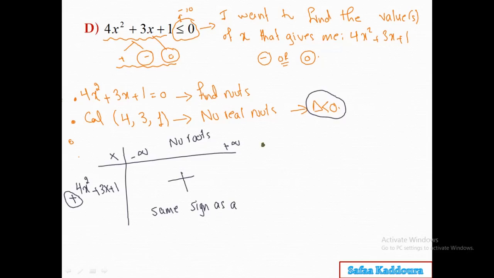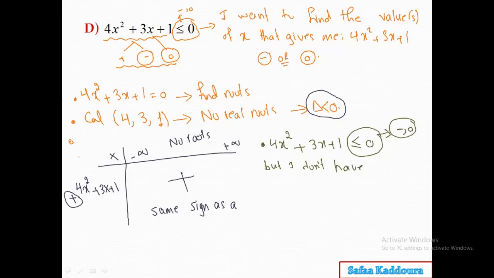Now, I want to find the value of x if 4x squared plus 3x plus 1 is less than or equal to 0. So I want to look for the negative sign and 0 sign in the table. But I don't have a minus sign in the table. I don't have 0 in the table. So the solution will be the empty set. No solution.